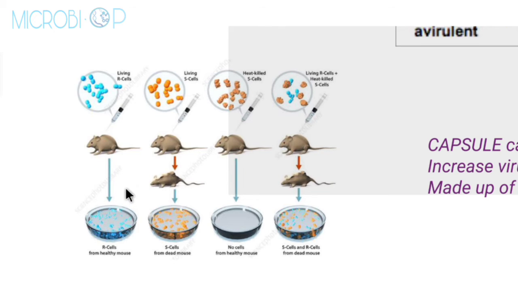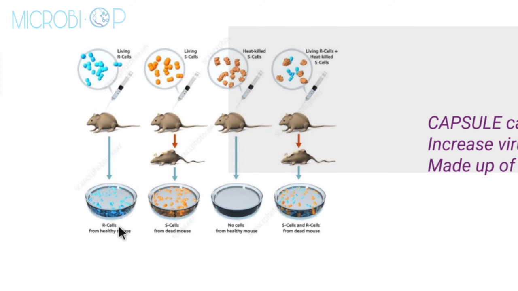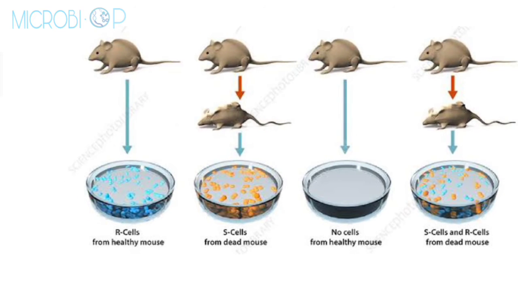He saw that the mouse lives. Okay, the mouse is alive, and he did a postmortem of the mouse and found out that the R cells are present in the healthy mouse.